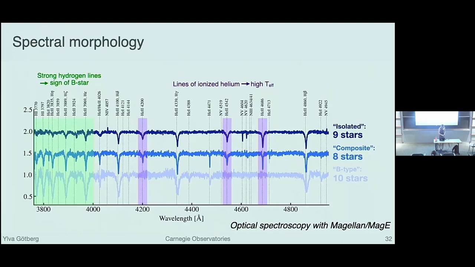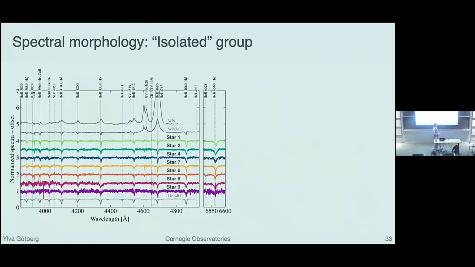I'm going to skip that part. You can look briefly at the spectra. This is how the spectra look for the stars where the stripped star is dominating the flux. What you can see is that there are nitrogen lines. Check, this nitrogen-rich surface is what we expected.